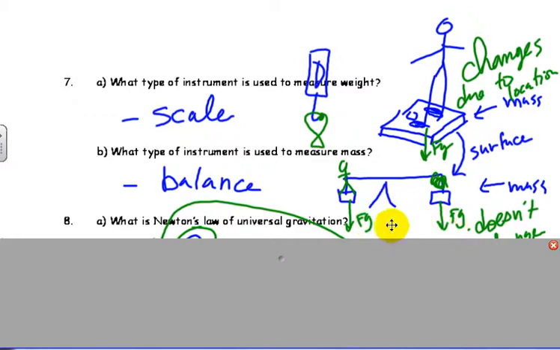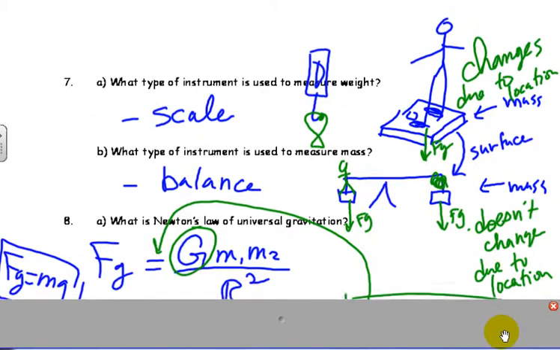So it doesn't matter what the FG is, the FG will be similar. The amount of mass you have here to counterbalance your weight, that would be your mass. And of course, it doesn't matter if you're on the Earth or the moon. On the Earth, you'd have big FGs pulling down. On the moon, you'd have smaller FGs. But the idea is you'd have equal FGs pulling in opposite direction.